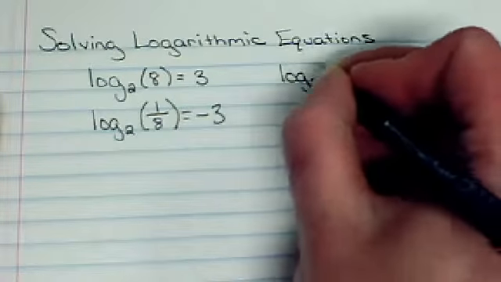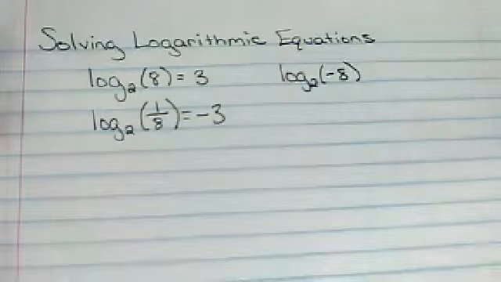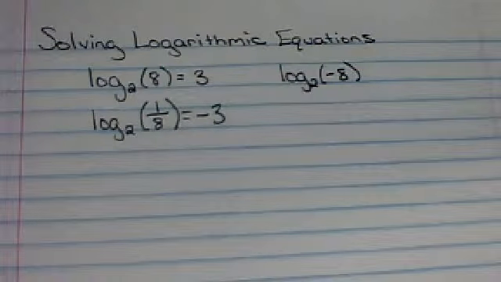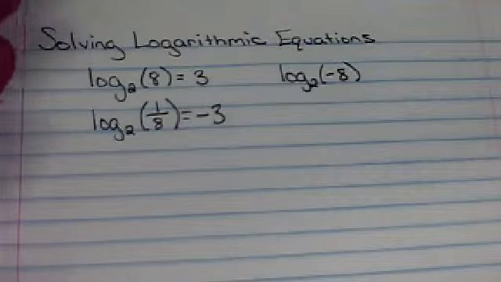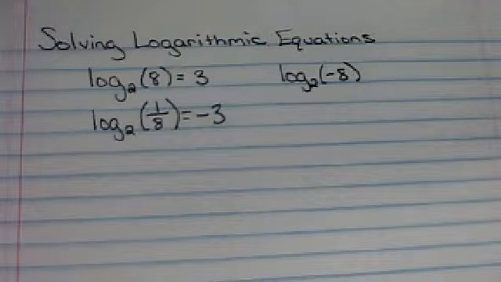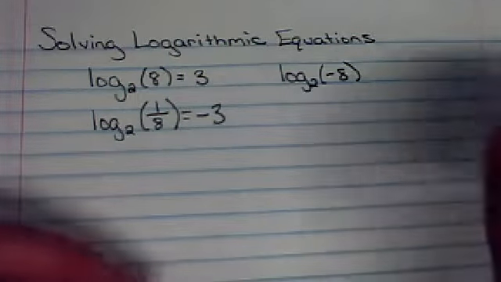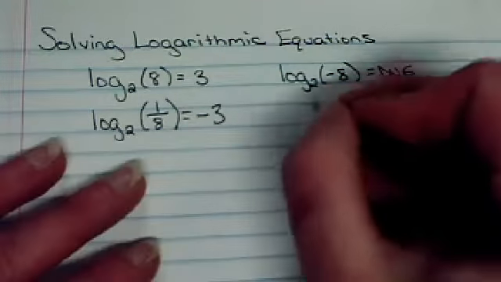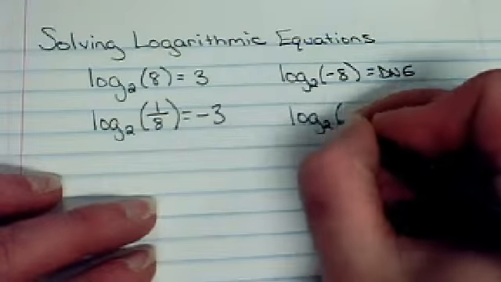Log base 2 of negative 8. Is there any exponent that I can put 2 to the power of, and get a negative 8? No, there is not. What about to get a 0?